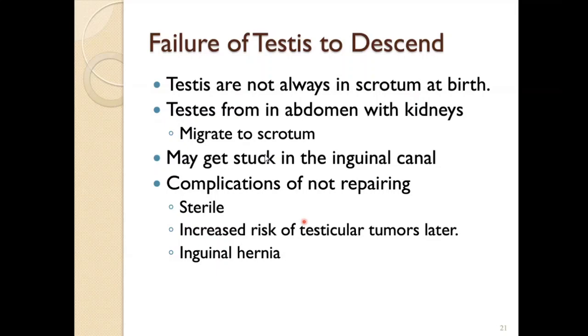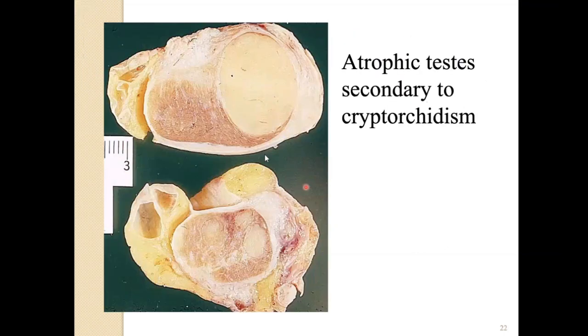Ndetse binavugwa ko niyo itinze kumanurwa, nubwo wayimanura nyuma umuntu afite imyaka 10 n'ingahe, risk zo kugira cancer n'ubundi zirakomeza kubera ko yatinze kumanurwa. So other complications are inguinal hernia. So atrophic testes secondary to CRYPTORCHIDISM.